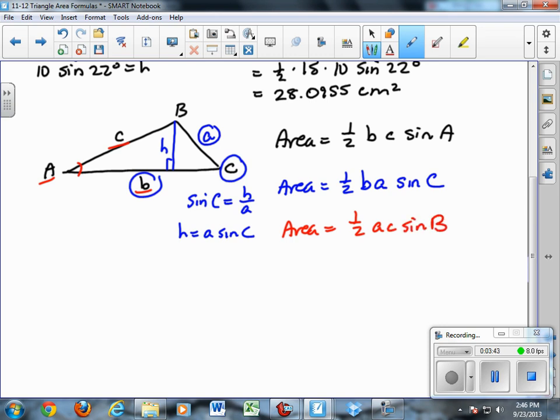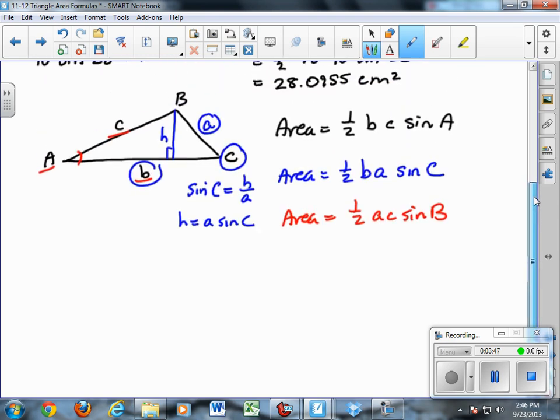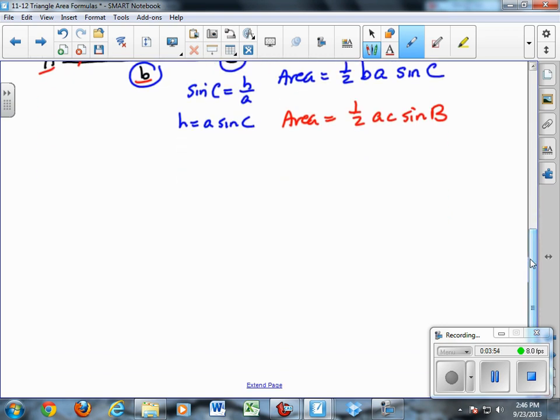Let me just show you what it looks like when you draw that. If I have a triangle like this, then my angle B is an obtuse angle. So when I draw that, it looks more like this. So here's my angle B, here's my sides A and C. So how do I find the altitude of that?